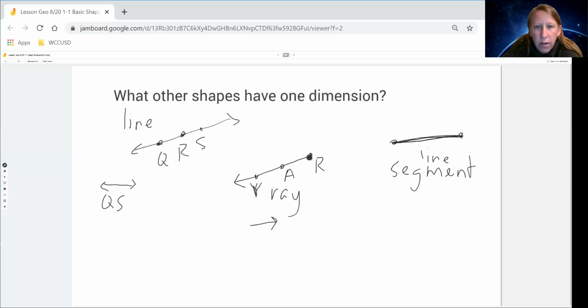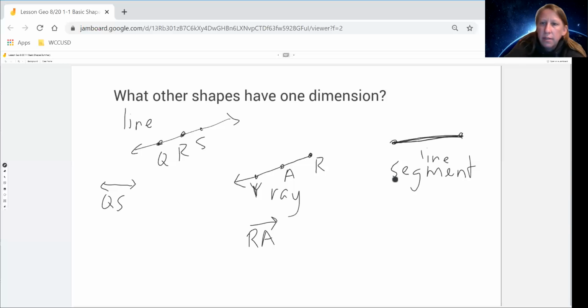So the first letter has to be where the ray is beginning, which is R. Then I can choose either the A or the Y, not both, because that would be overkill. So I'm going to call this ray RA. Ray RA is the set of points that start at R and continue towards A and go past A forever and ever in one direction, one dimension.